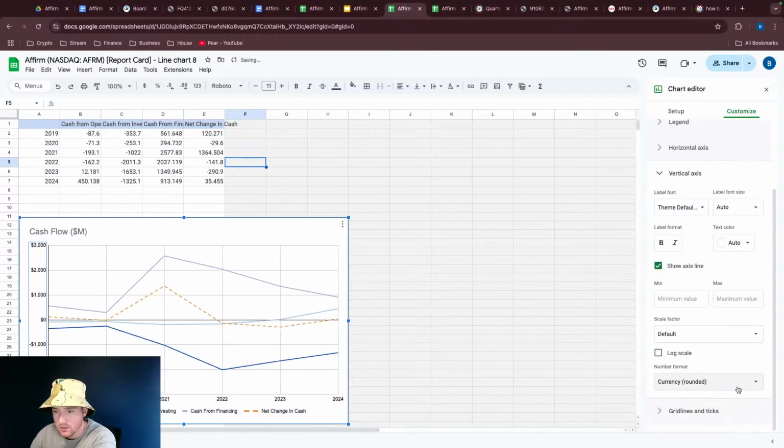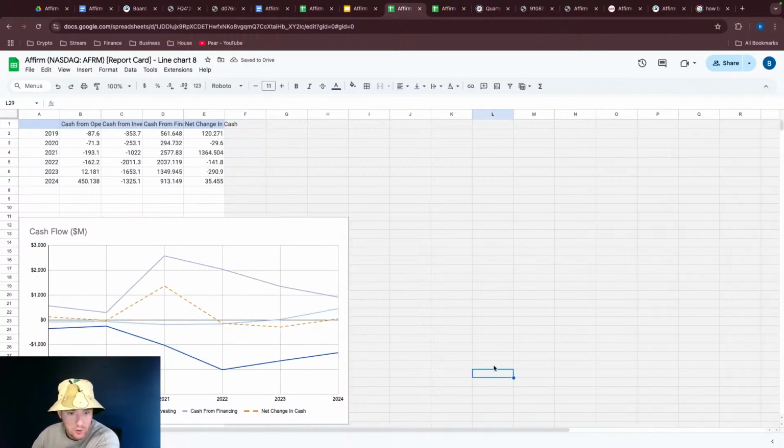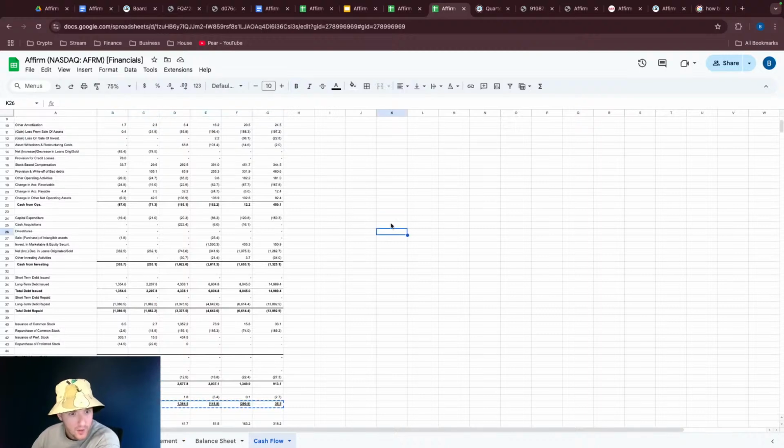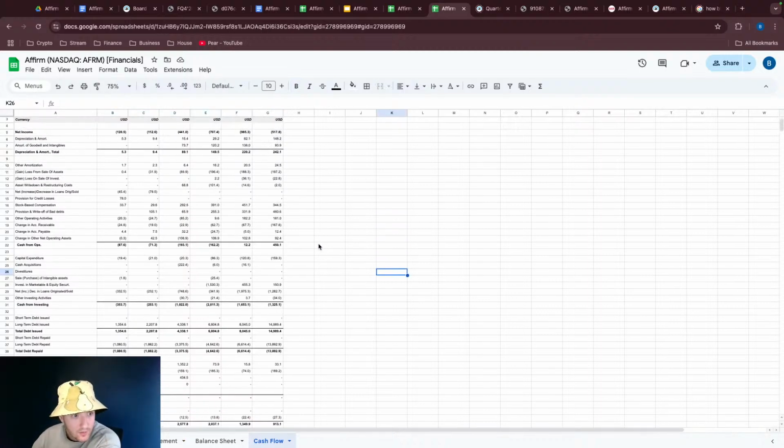No, not log. Change it. Yeah, there we go. Okay. Cash financing was high, becoming lower. Cash from investing, they're not taking as big of a loss. And then cash from operations, we know that they are becoming cash positive there. Net income will continue to get better.